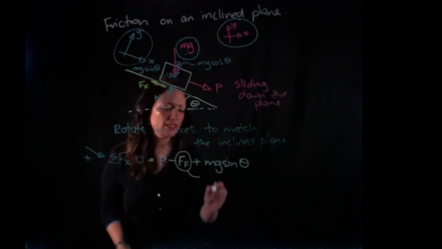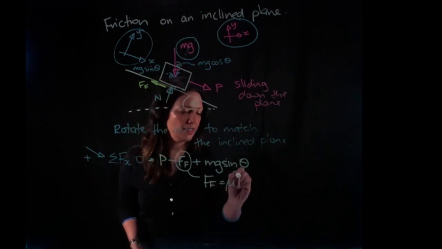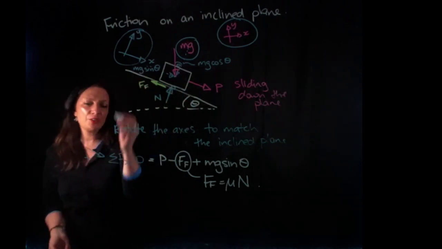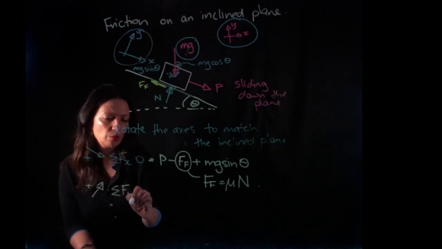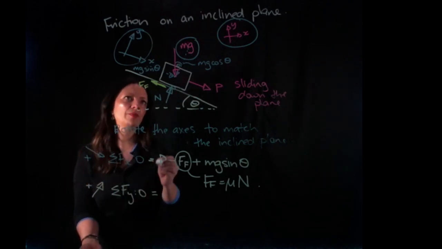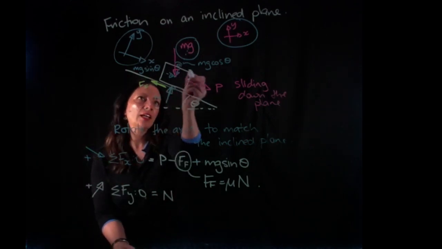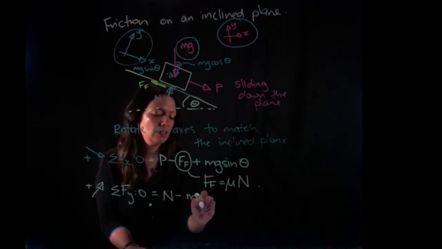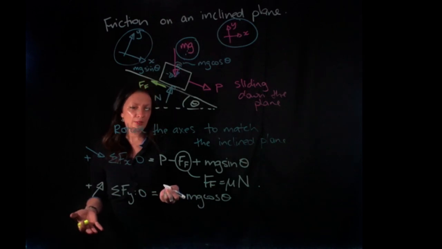F is also going to equal mu N. Then the sum of the forces in the y direction has to equal 0. I'm going to have my normal force N, which is positive, and the y component of mg is going to be negative. And that's all I have.